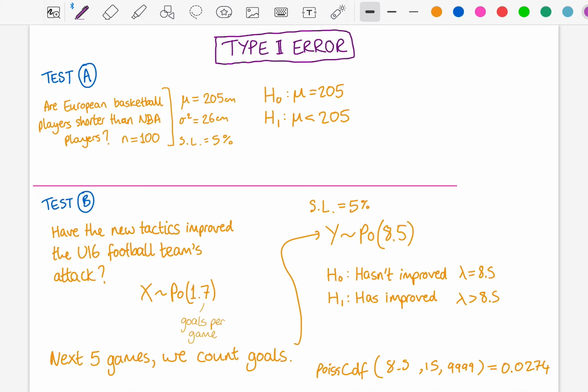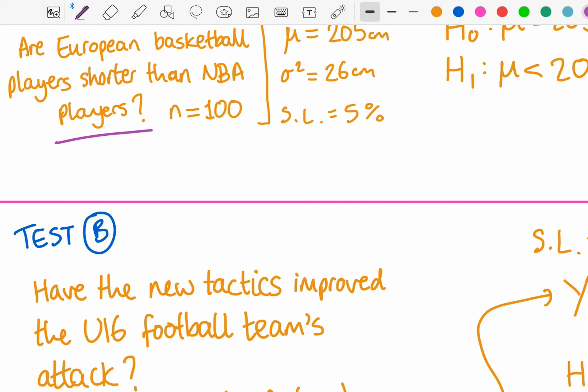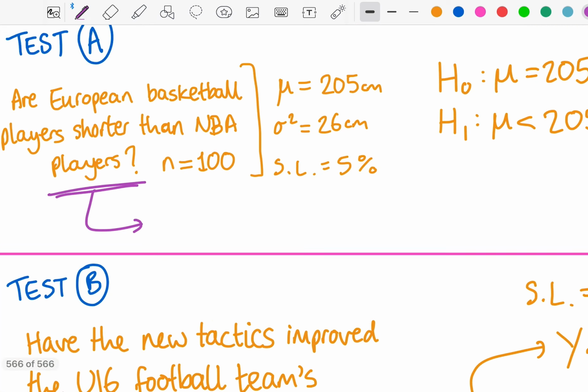That thing I said at the end there, where actually there has been a change that should have been spotted, that information needs to be given to you. So for example, with these European basketball players from the type 1 example, what if the mean really is 203.9 for these players?